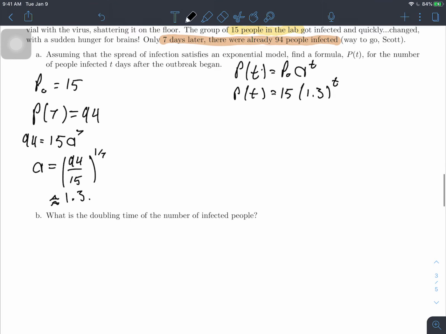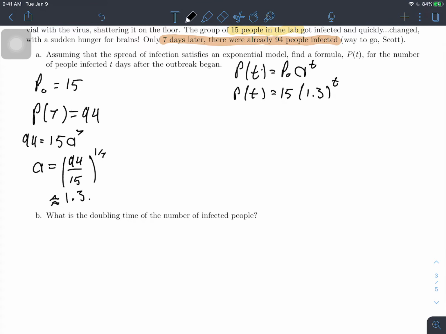Now they ask us, what is the doubling time of the number of infected people? Well, if P naught equals 15, double that is 30.